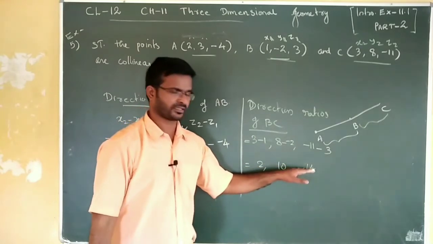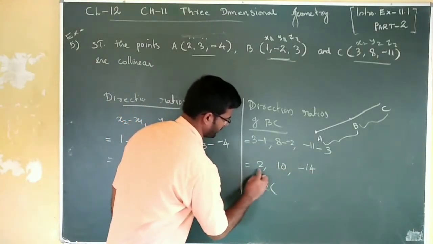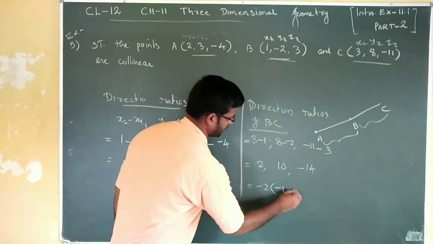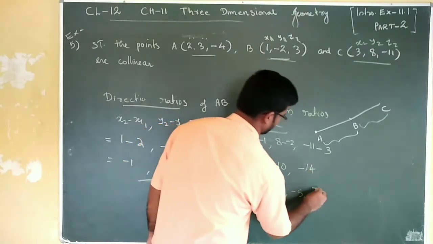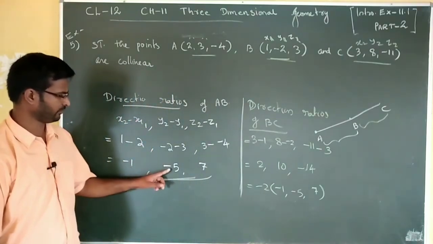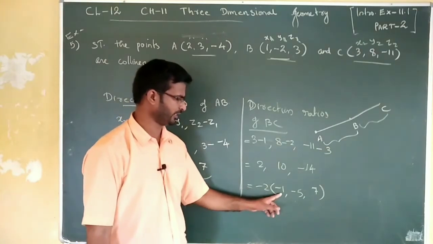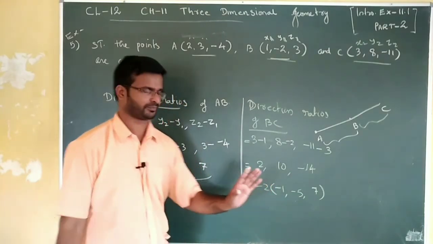From these direction ratios, I am going to take one common number outside, that is minus 2. What will we get in here? Minus 1, minus 5, 7. Check it: the first direction ratio is minus 1, minus 5, 7. The second direction ratio is minus 2 into minus 1, minus 5, 7.